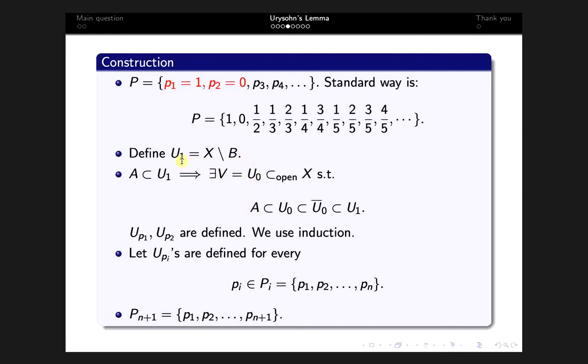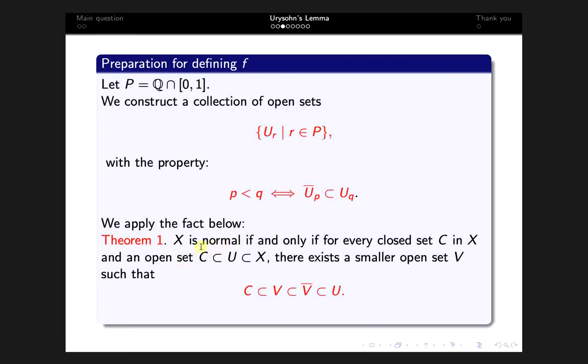So for the closed set A contained in the open set U1, we have U0, a smaller open set than U1, such that the closure of U0 is contained in U1. That is the application of this theorem.